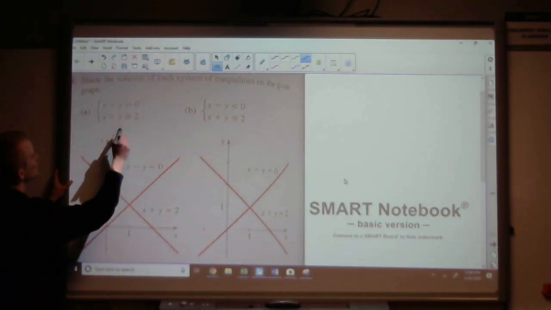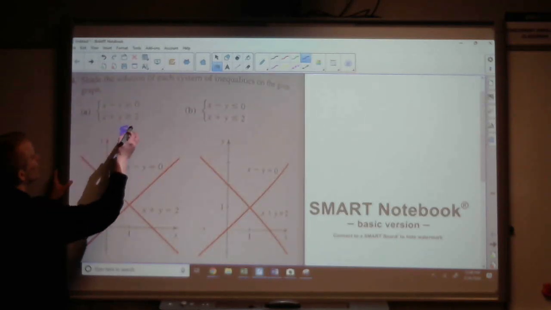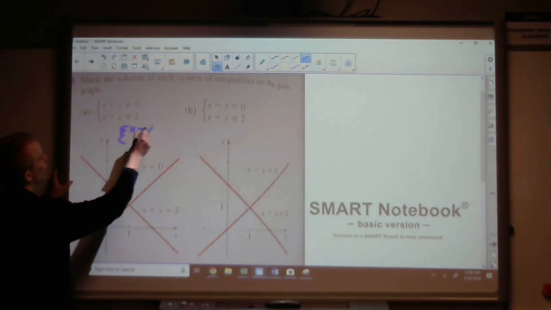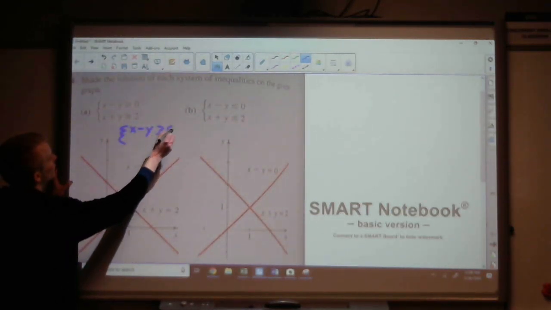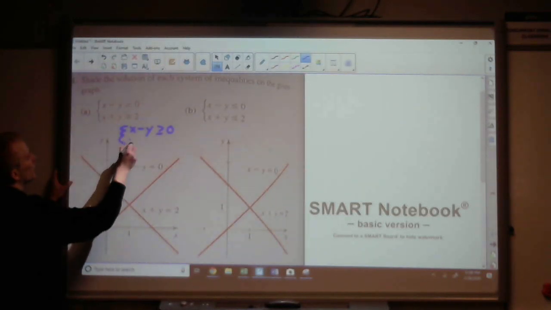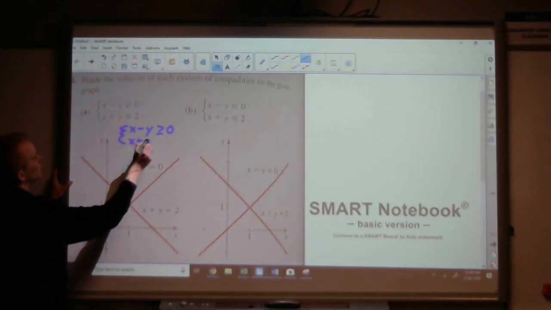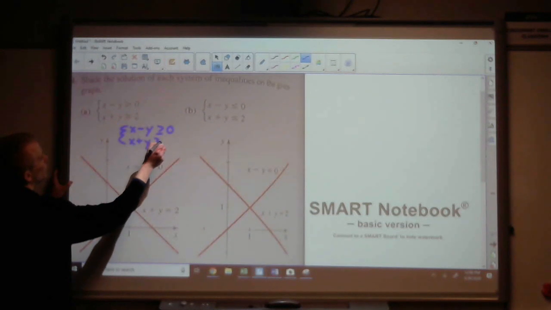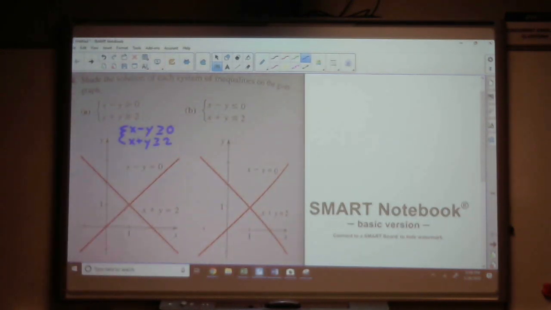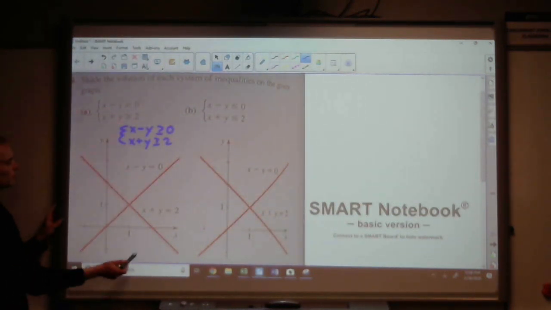I'll rewrite this system here. It is x minus y is greater than or equal to 0, and then x plus y is greater than or equal to 2. Okay? So those are the two inequalities that I'm dealing with, and I'm wondering what part of this graph will they fill in.